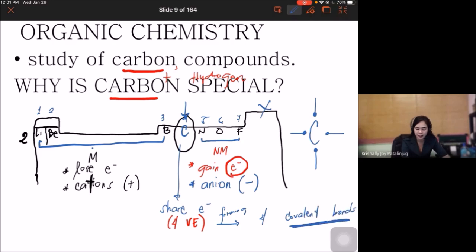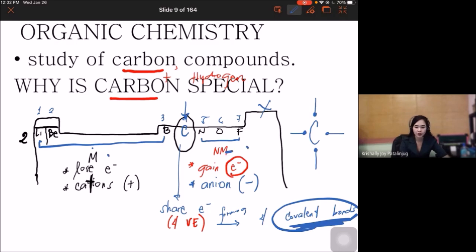'Di ba kapag covalent bonds, naalala? Covalent bonds are formed if there is sharing of electrons between non-metals. Non-metals to non-metals, there is sharing only of electrons. That is covalent bonds. What about kapag nag-combine yung metals and non-metals?